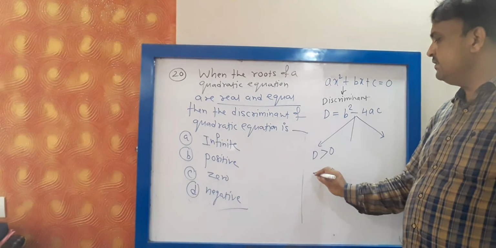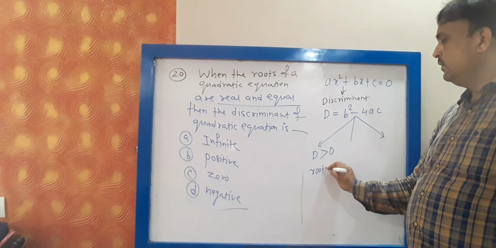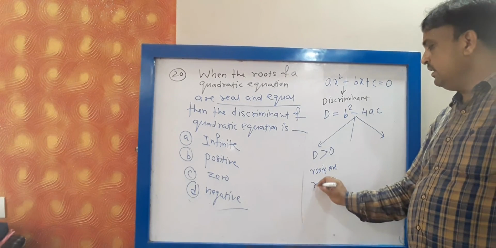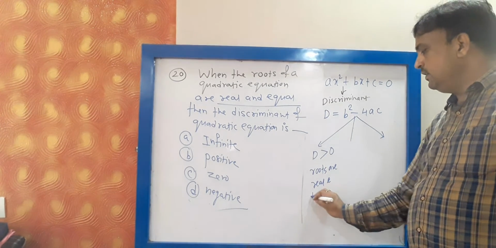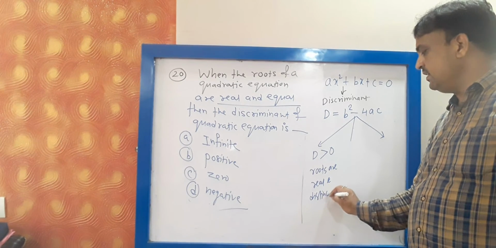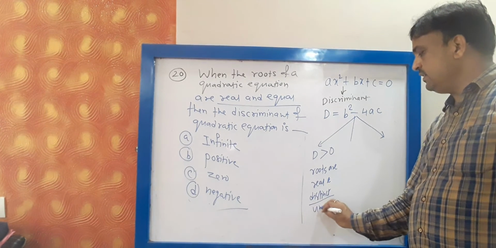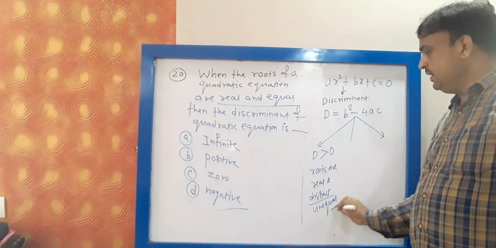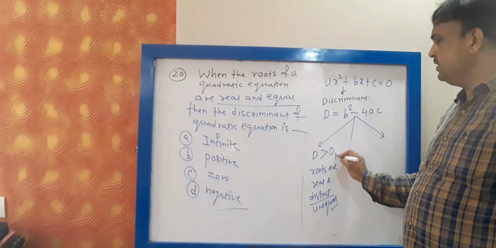If D is greater than 0, the roots are real and distinct. Distinct means unequal. Greater than 0 means positive.